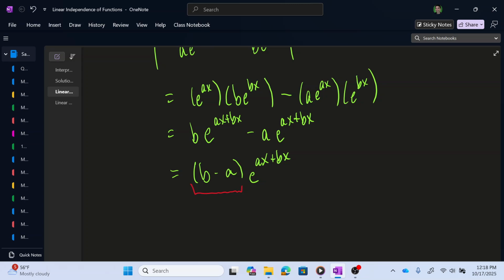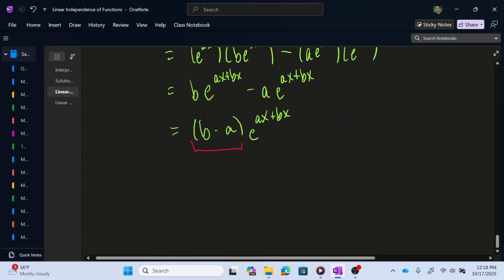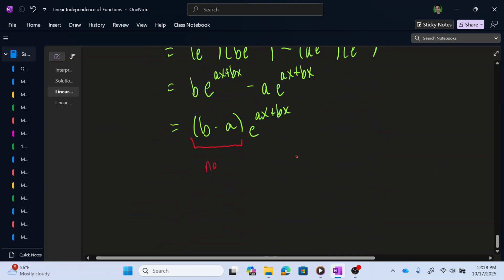If b minus a is not 0, then the whole thing is not equal to the 0 function. So to resolve that, I'm going to go back to the question and remember that we are allowed to assume that a and b are not equal, which means that when we subtract them, this quantity is not 0, which means that this Wronskian is not equal to the 0 function.